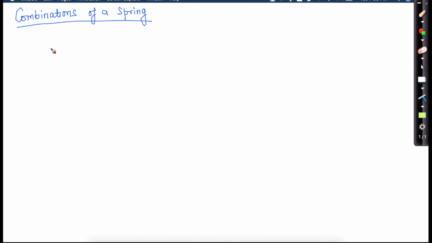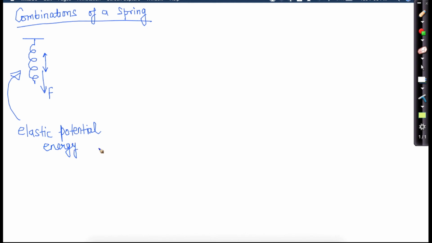So students, if we have a spring like this, and if I am putting the force F, which type of energy is getting stored in the spring? That is known as the elastic potential energy. About this we'll talk in force and energy. Right now I'm not discussing the energies.